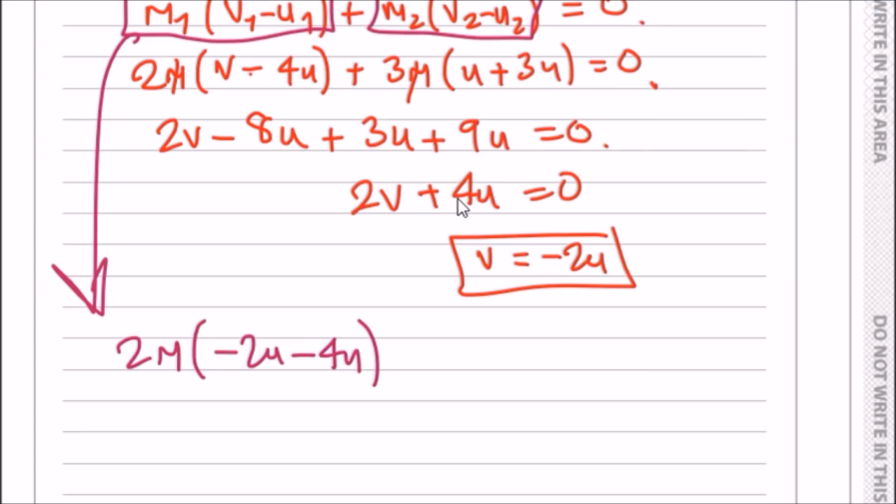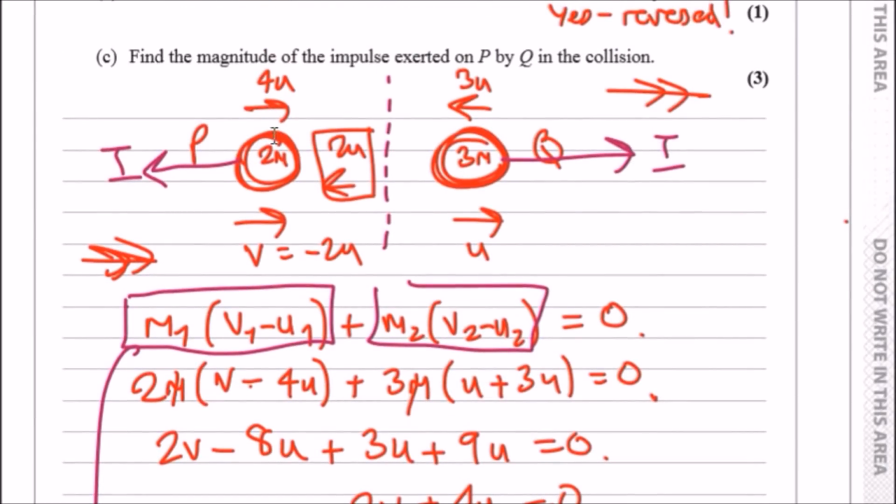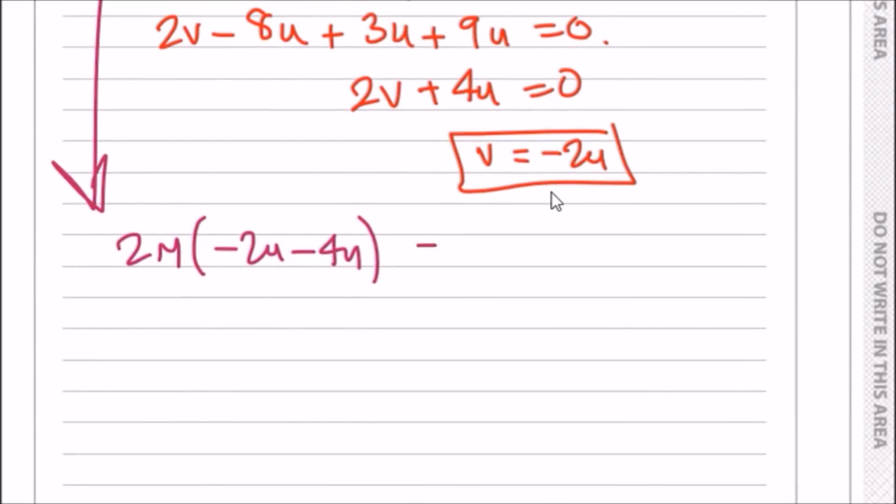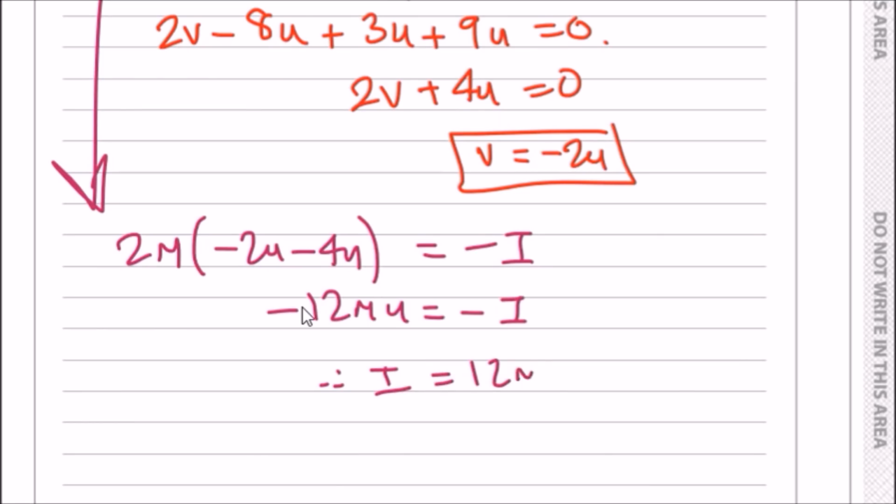You can get a negative value because this is the opposite direction of motion. So this equals negative I. The other one would equal positive I, by the way. Solving this one, you should get minus 6u here. Times it by 2, you get minus 12mu equals negative I. So the impulse must be 12mu.